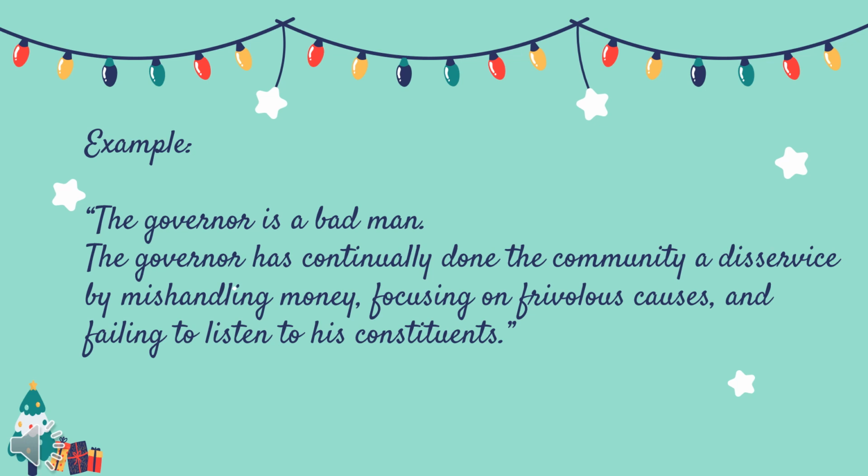Remember, just like what I have mentioned a while ago, a claim should be debatable. No matter what happens, it should be debatable. Okay? We can still give our point of view about this certain topic.